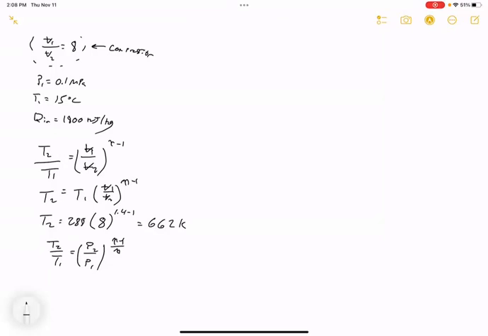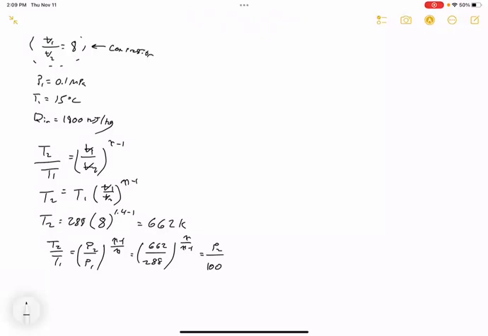We can isolate for P2 this way. So if I do 662 over 288, and I do all of this to the power of gamma over gamma minus 1, this will equal P2 over P1, and P2 is what we're trying to find. P1 we're given is 100 kilopascals, so we're going to get an answer in kilopascals.